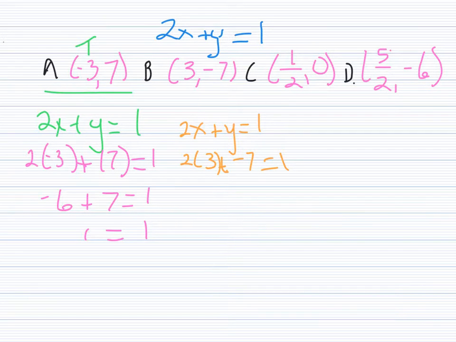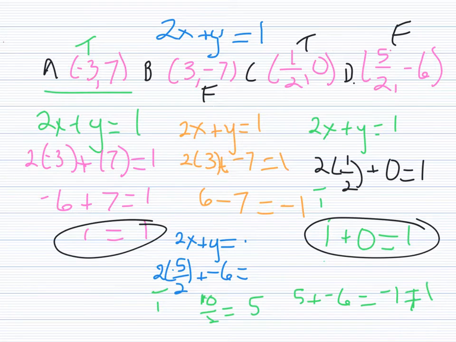And we have 6 minus 7 is going to equal negative 1. So this one is false.